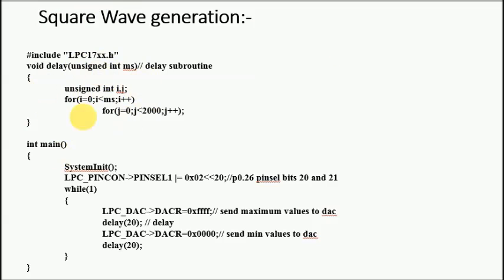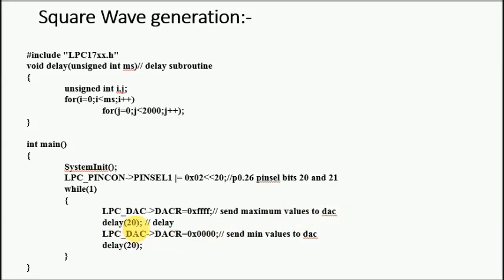Now first you can see here the main routine. First you have to initialize the system, then you select the pin function as the DAC function. Here we are selecting port 0 pin number 26 for the DAC purpose. Then there is an infinite loop. First I am writing the maximum value to the DAC, so it will generate the maximum voltage.